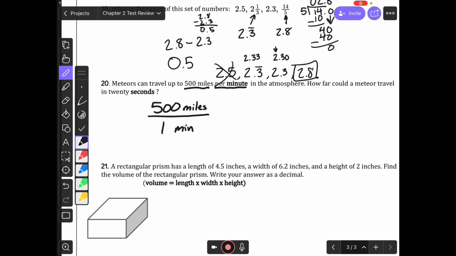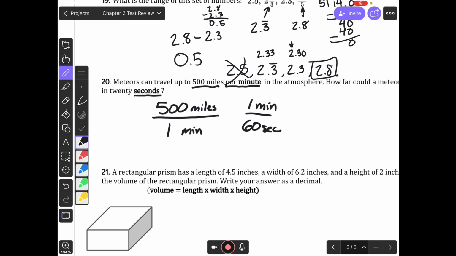Next, it's asking about seconds, right? We can't really compare minutes to seconds until we know how many seconds are in a minute. That conversion is actually for every 1 minute, there's 60 seconds. Okay. And what this one's asking about is, okay, how about 20 seconds?